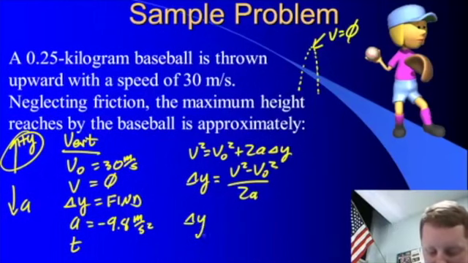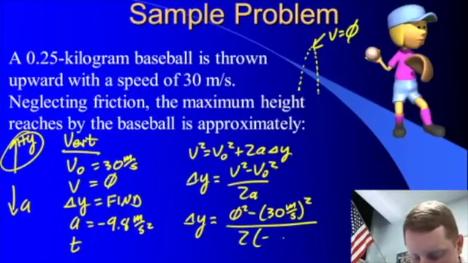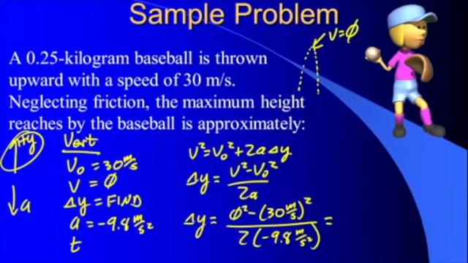Or delta y equals, as we substitute in with units, v squared, that's 0 squared, minus 30 meters per second, our v naught value, squared, all over 2 times negative 9.8 meters per second squared. Run that through the calculator, and I should come up with a delta y right around 45.9 or 46 meters.